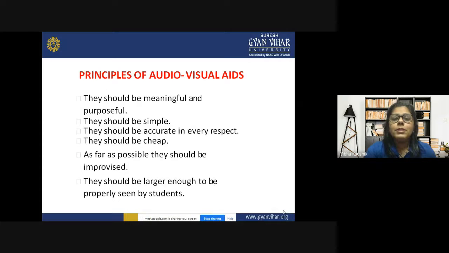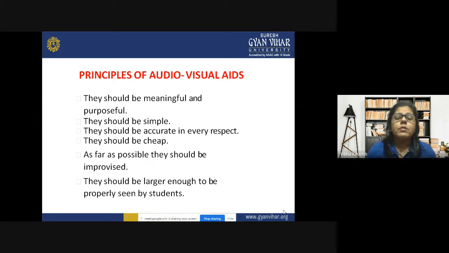Now, principles of audiovisual aids. They should be meaningful and purposeful, which means purposeful according to the lesson plan we are teaching to the students. They should be simple, not complicated. They should be accurate in every respect.